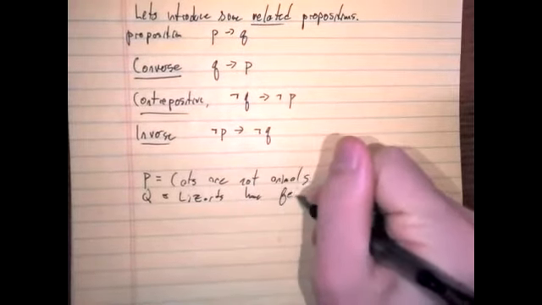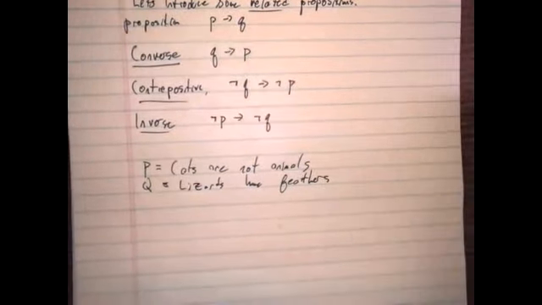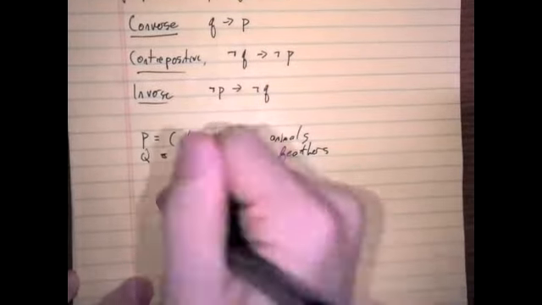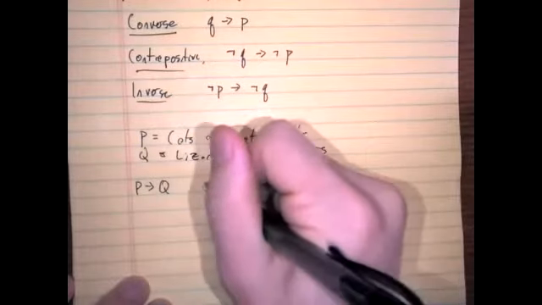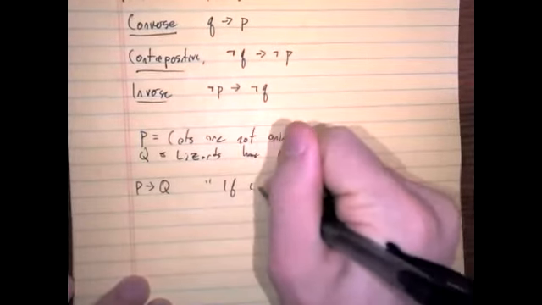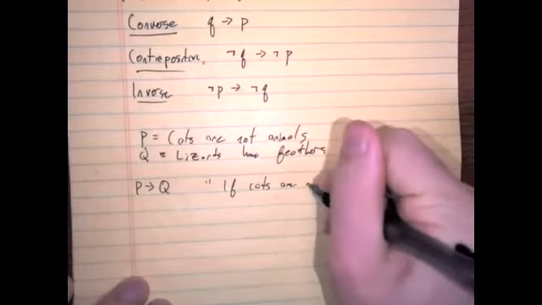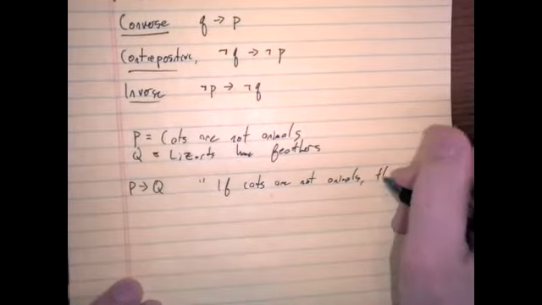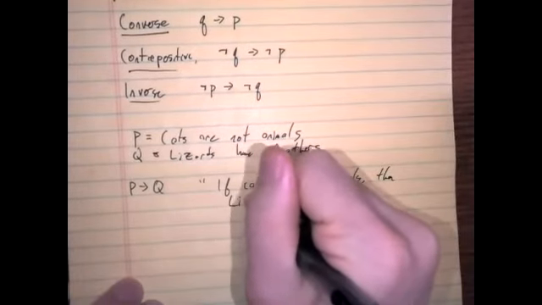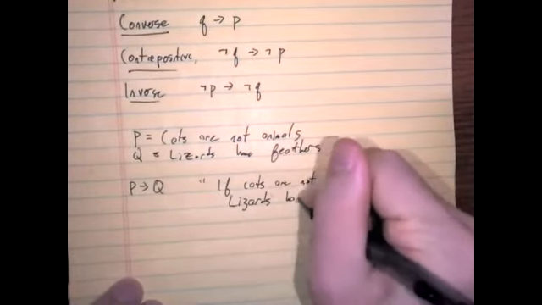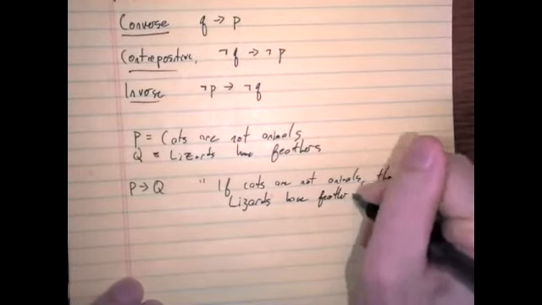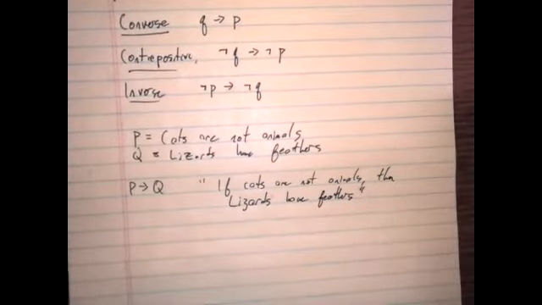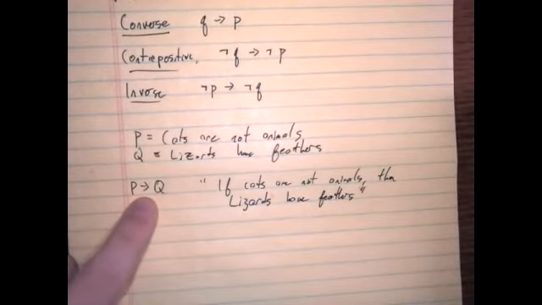Okay, so P implies Q is the proposition: if cats are not animals, then lizards have feathers.